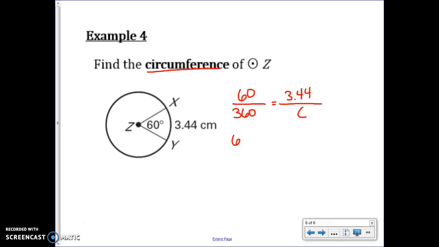So now I have 60C equals 3.44 times 360, which is 1238.4. I'm going to divide by 60 on both sides, so the circumference is 20.64. And I see that my label should be centimeters.